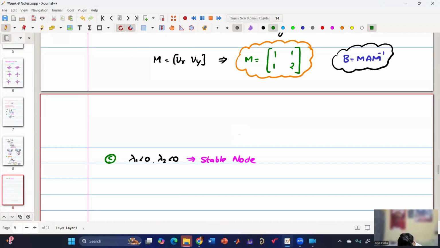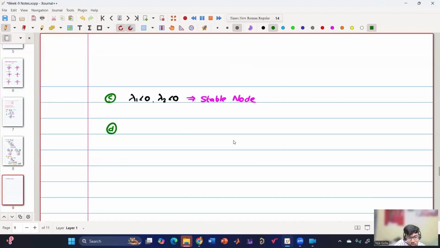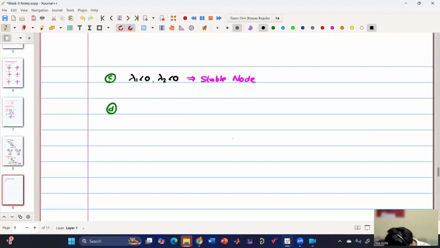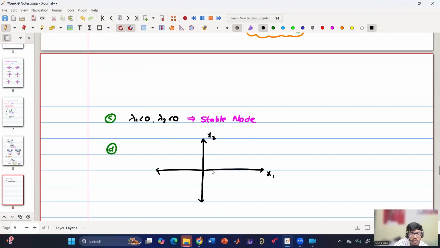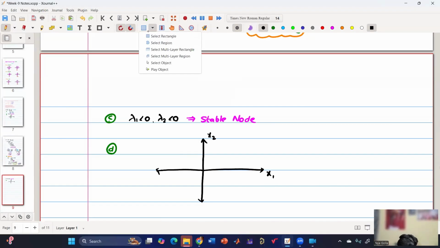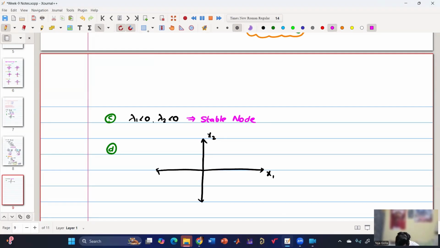Now in the D part, I have asked what are the trajectories. So first let us draw the plane. This is x1, this is x2. So let us also draw the eigenvectors. So one eigenvector is passing through (1, 1). So if I use a dash line for the eigenvector, and maybe pink color or say orange color. So it is passing through (1, 1), right?